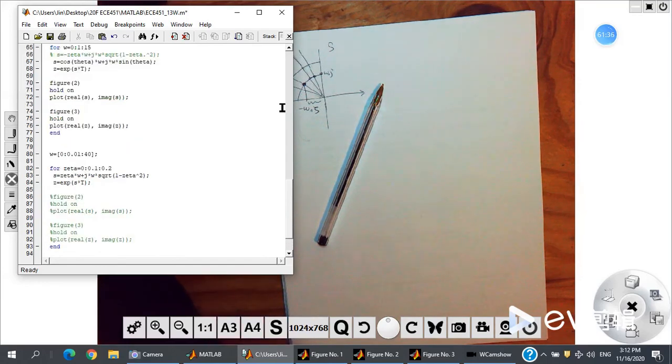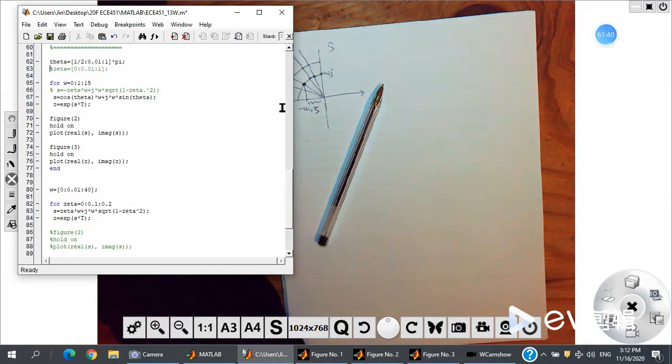Now, the first part is for every zeta, we have a curve, we have a circle. Now it is for every omega. That will become this. This time, for every omega, I need a straight line.